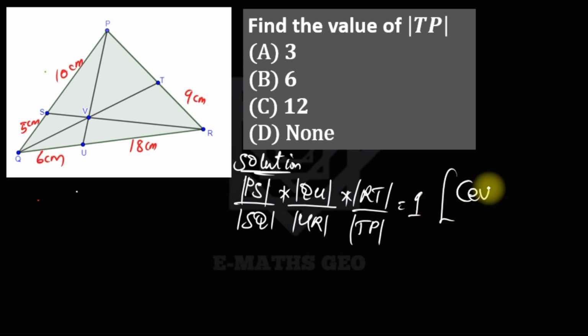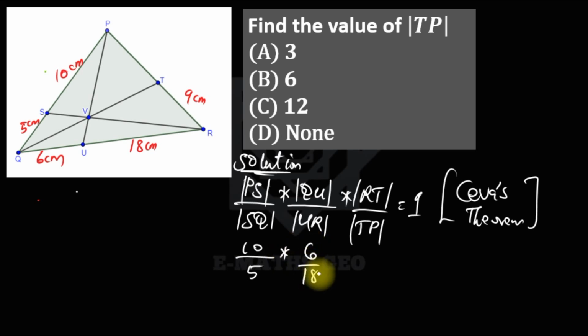I've proved Ceva's theorem before. We are given the other lengths, but we are asked to find TP, so we substitute. PS is 10 over SQ is 5, times 6 over 18, times 9 over TP is equal to 1.